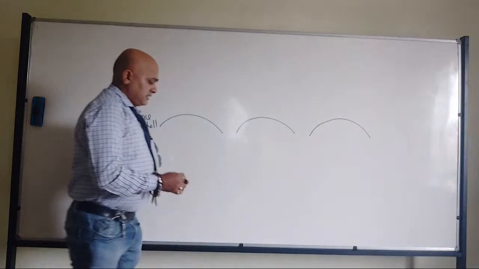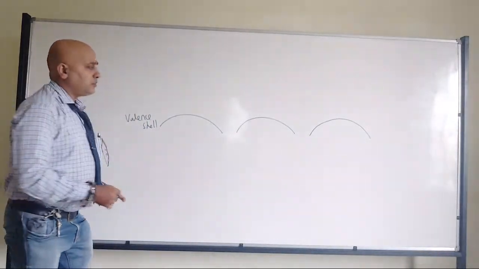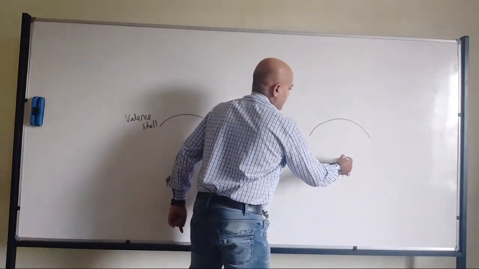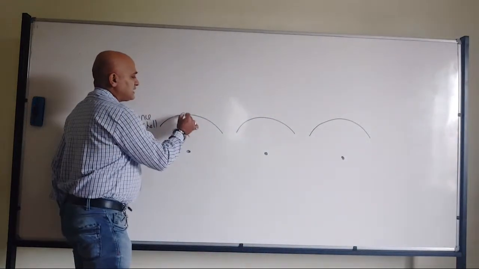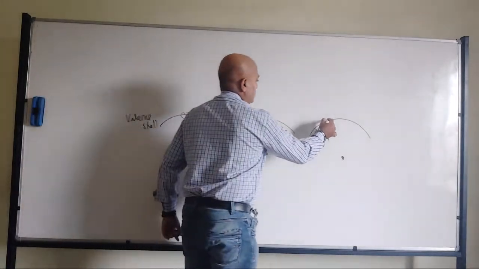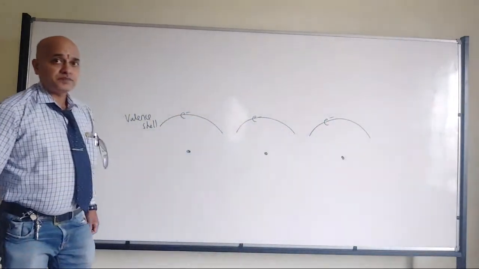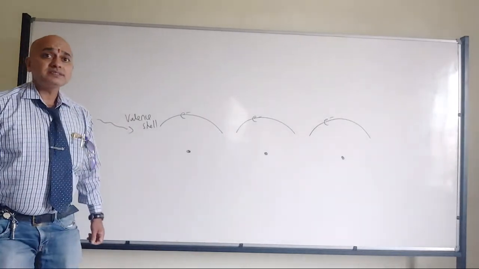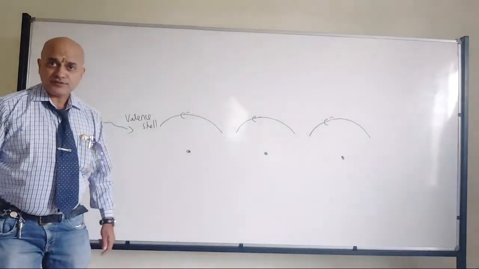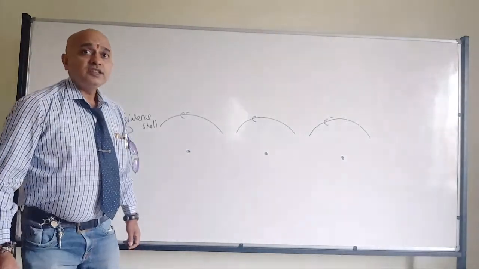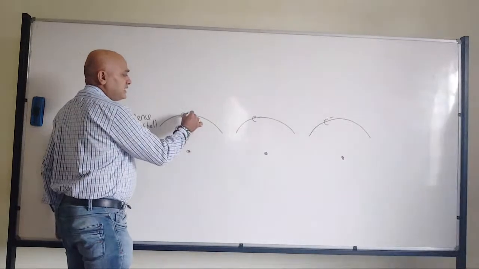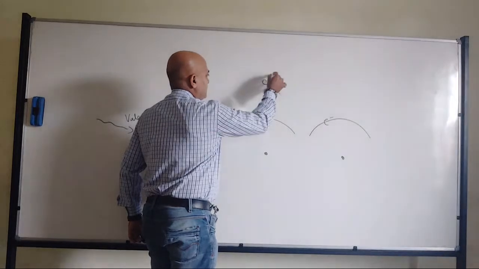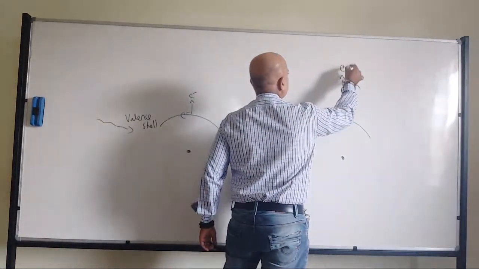Imagine the nucleus is somewhere here. Now we have an electron in the outermost shell. When you pass energy, depending on the nuclear force, some of the electrons will jump to a higher level.